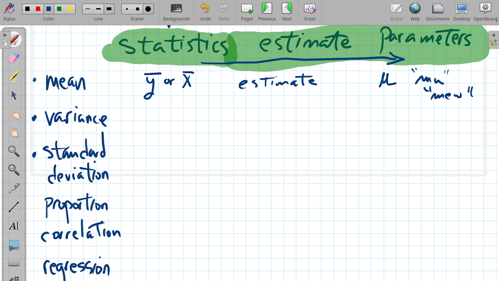So variance of a sample is s squared. Typically it's lowercase s, and it provides an estimate of lowercase sigma squared.